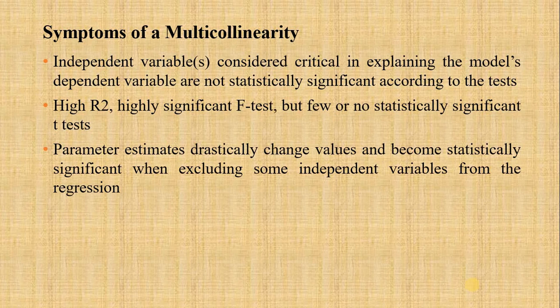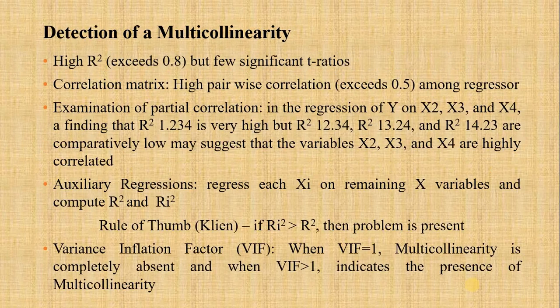If you remove one or two independent variables from the model, your parameters are drastically changing, and the significance of the variables is changing its pattern. That means variables that were significant are not significant now, and variables that were not significant last time are significant now. So when you change one variable, the model results are drastically changing. Then you can suspect that there is a possibility of multicollinearity.